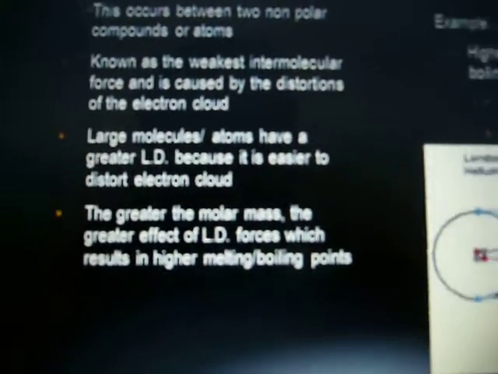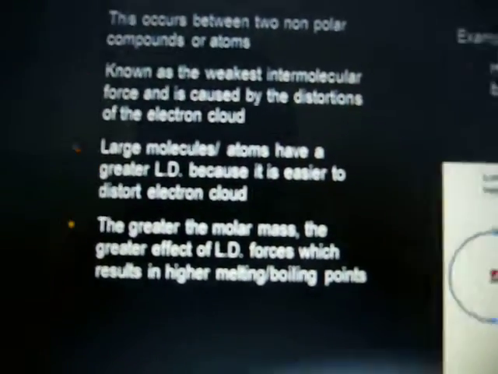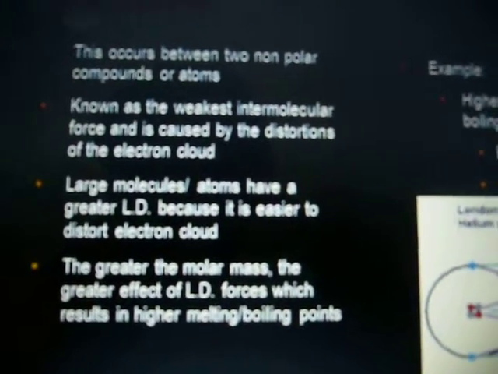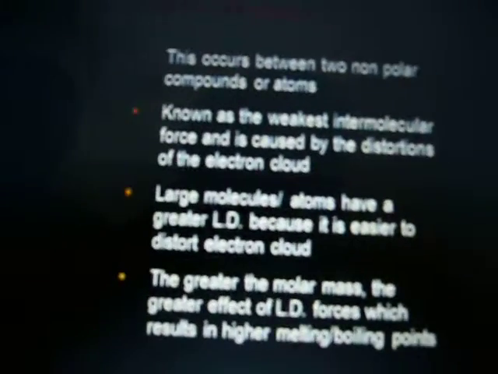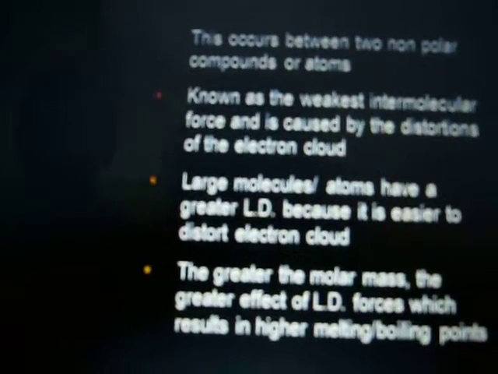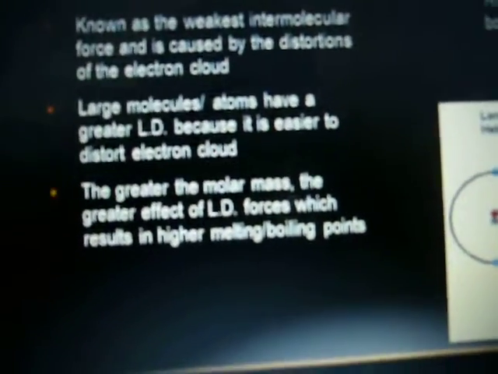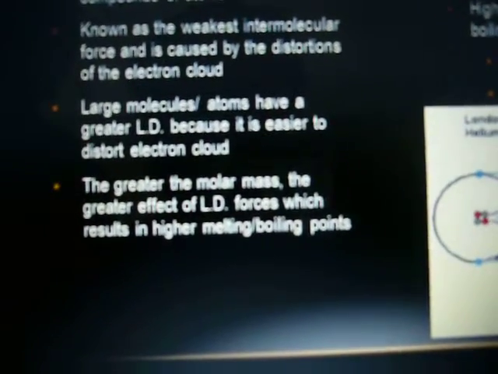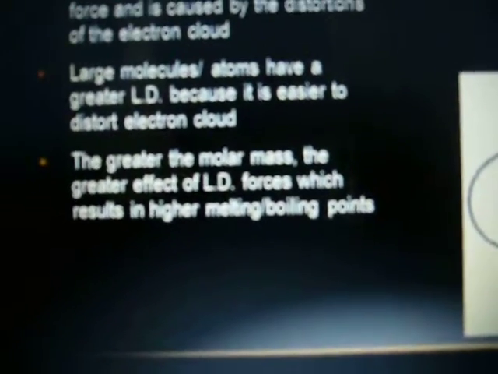In fact, the electrons are in a cloud, and the exact location of an electron at any given time cannot be proven. It's not on a set course. It's just in this given area around the atom. Now that's the electron cloud. So when it says that the force is caused by distortion in the electron cloud, just imagine that cloud being moved. Alright, so we go to the next one.